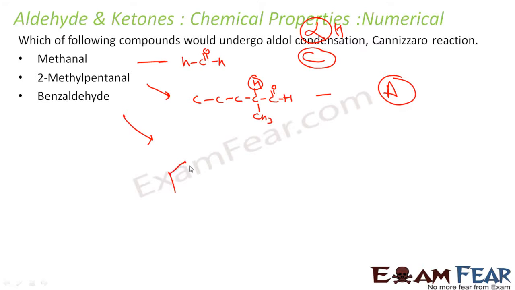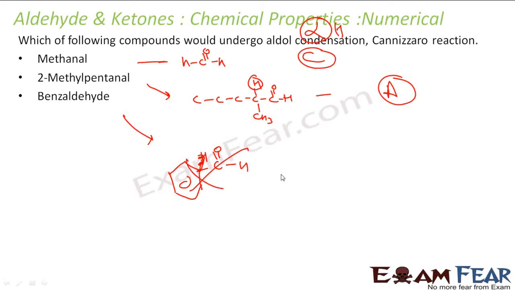Next is benzaldehyde. Benzaldehyde we all know. This is my benzaldehyde. Is there alpha hydrogen here? No, there is no alpha hydrogen. There is no hydrogen here.